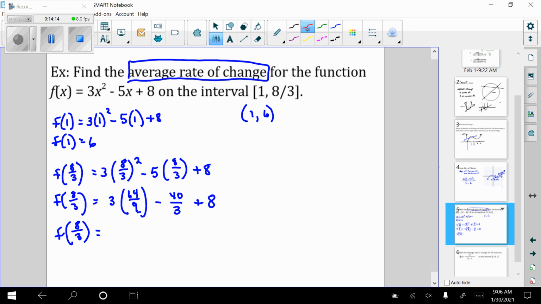So right here, my 3 and my 9 simplify. So now my denominator is all in thirds, which makes things easier. So I have 64 thirds minus 40 thirds. And I need to change my whole number 8 to a denominator of 3, which would be 24 thirds.